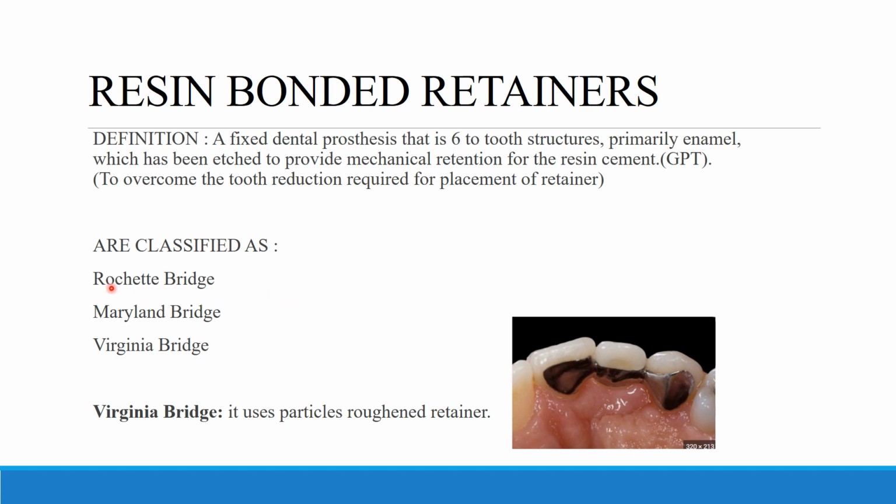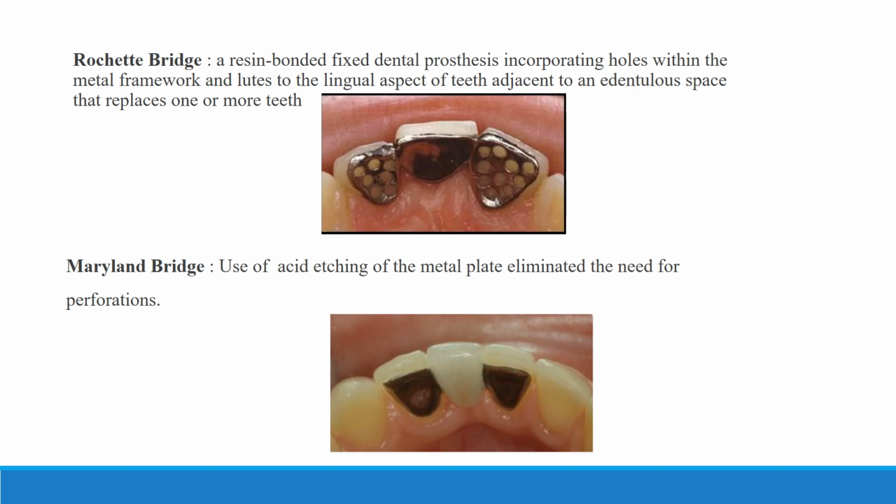They can be classified under Rochette Bridge, Maryland, and Virginia Bridge, right? So the Virginia Bridge uses the lost salt technique, or it uses particle roughness to roughen the retainers on the inside, right? To provide better retention.